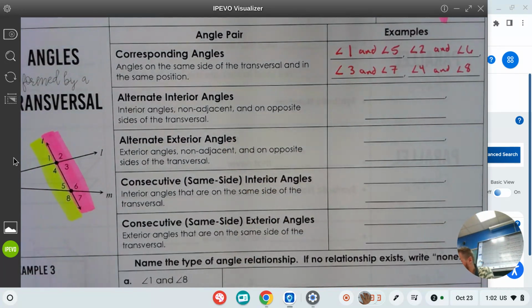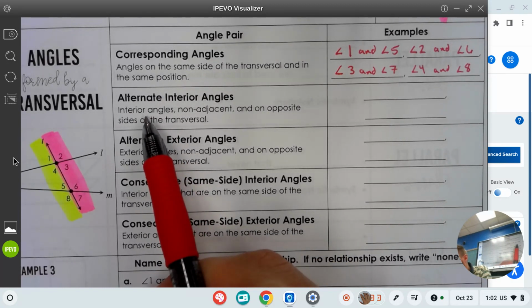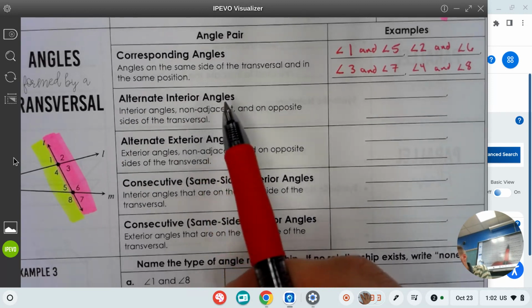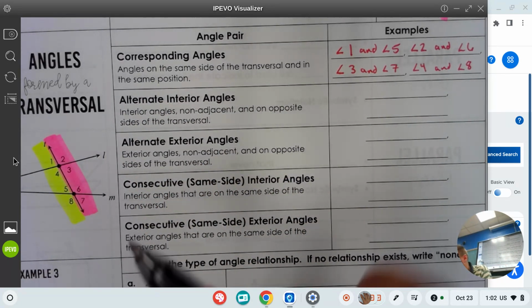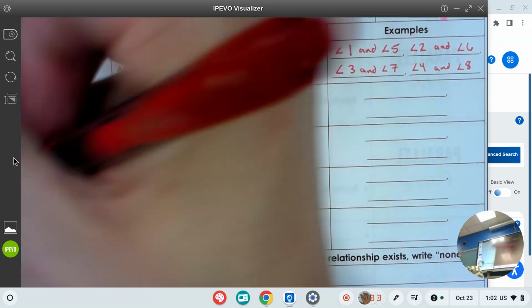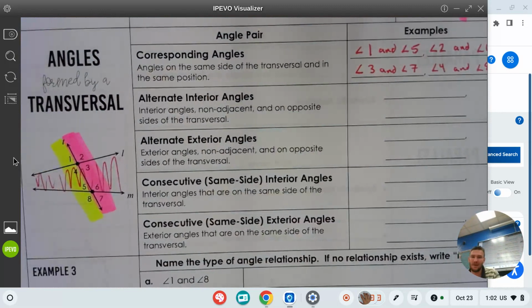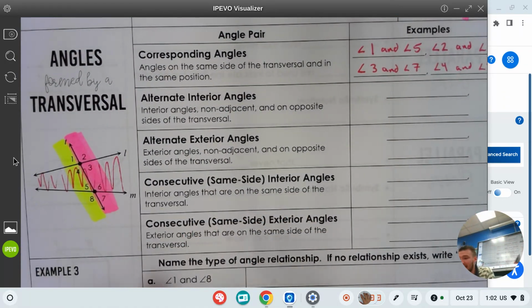So here's what we're going to need. We're going to need angles on the inside that aren't neighbors that are on opposite sides of the transversal. If you think about this region right here, where I just kind of did my pen, that is considered the interior because that is like the inside numbers.